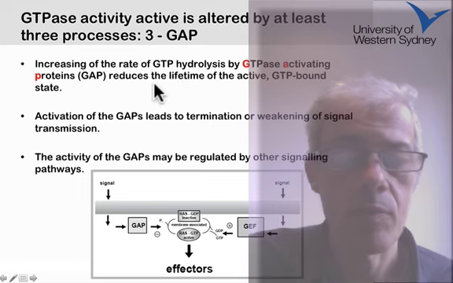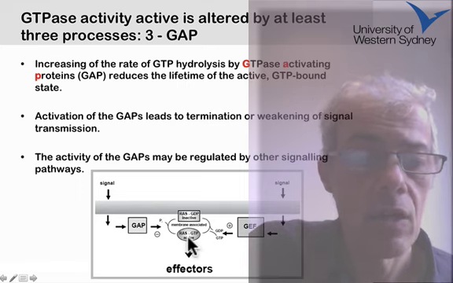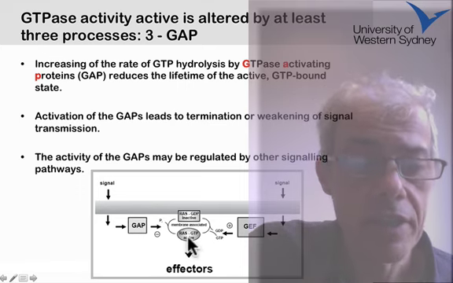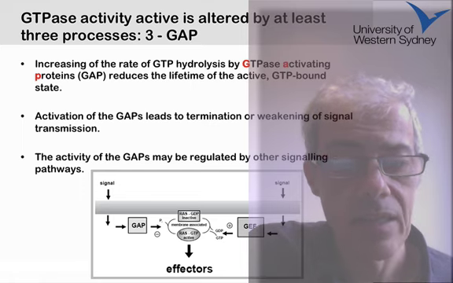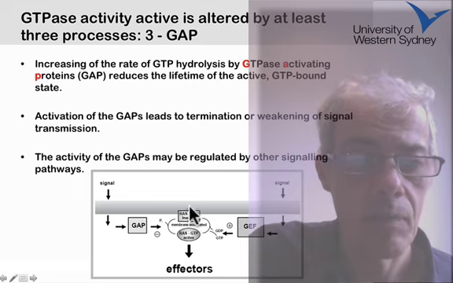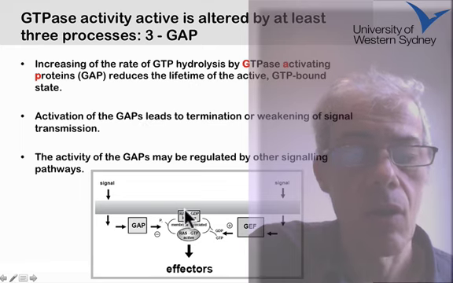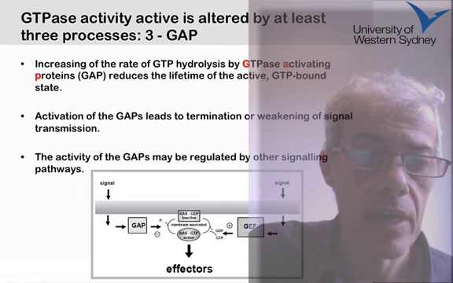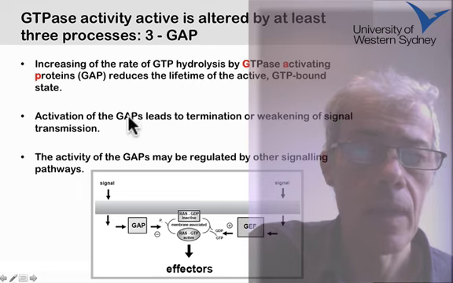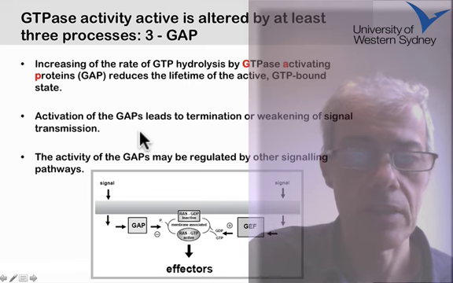So the GAP proteins activate the GTPase of RAS, which hydrolyzes GTP to GDP and therefore inactivates the monomeric G protein. So the GAP proteins lead to the inactivation of monomeric G proteins.